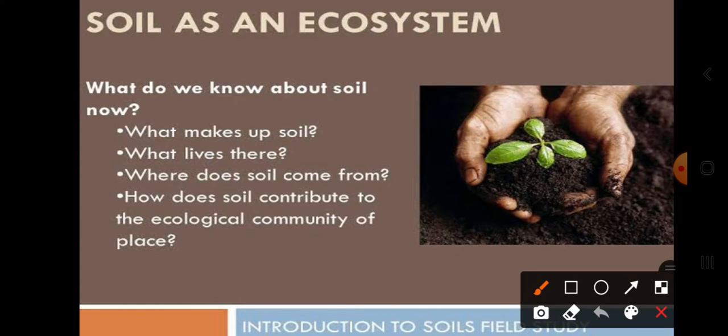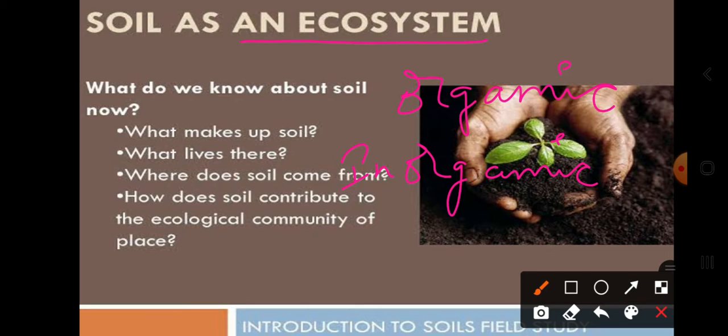So soil, we can say, is an ecosystem. Why are we calling it an ecosystem? Because it is an ecosystem where you will see organic and inorganic matter. Soil is made up of both organic and inorganic matter.